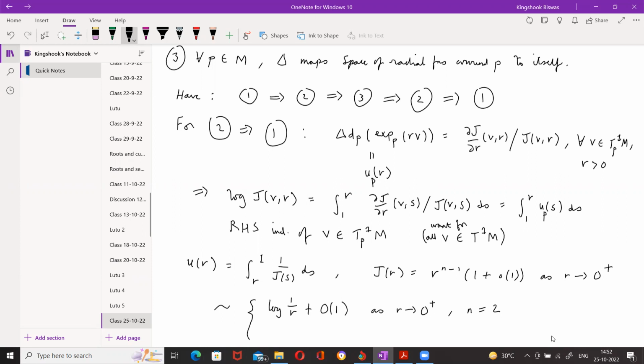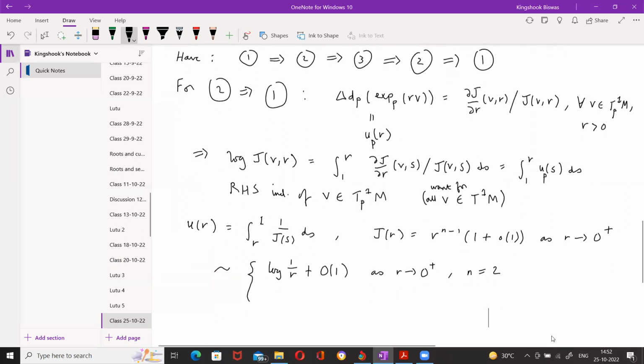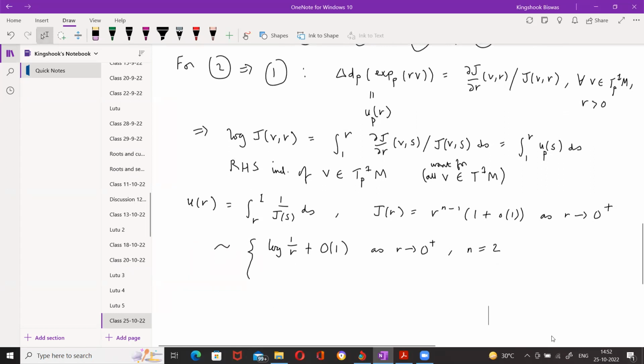And in higher dimensions, it will look like a constant times 1 over r to the n minus 2.